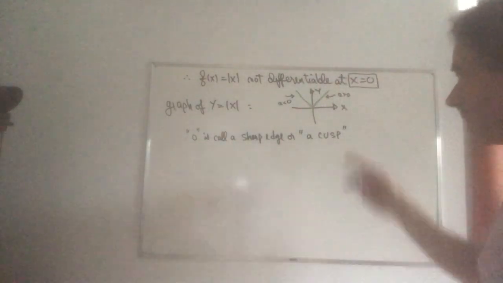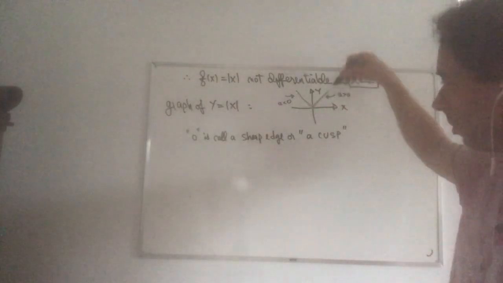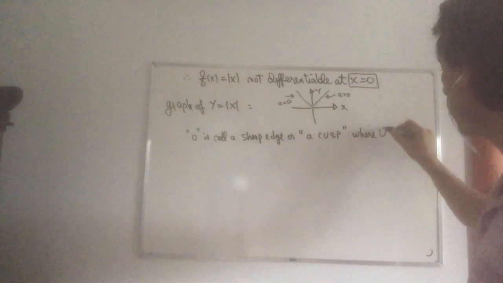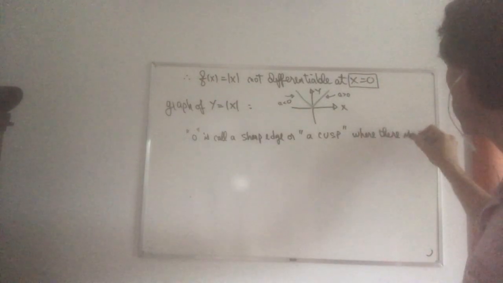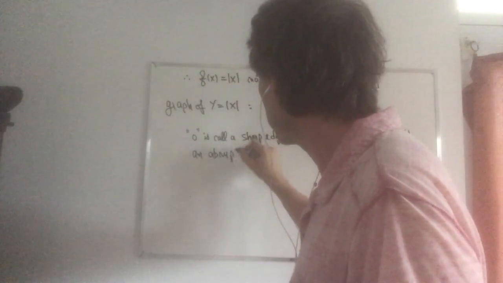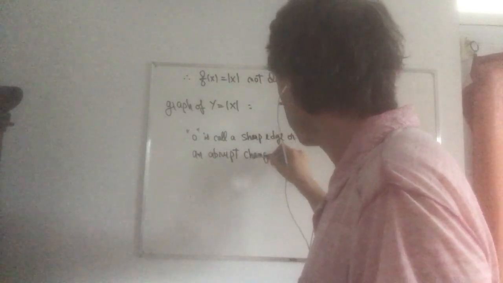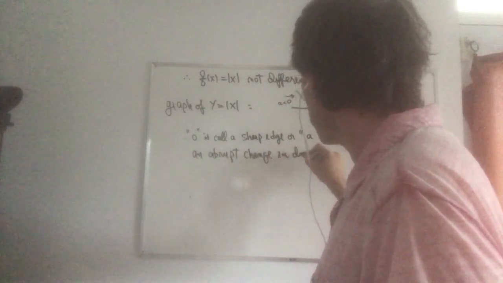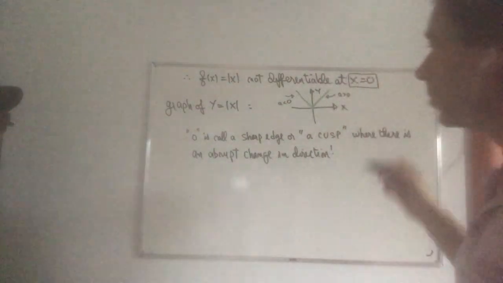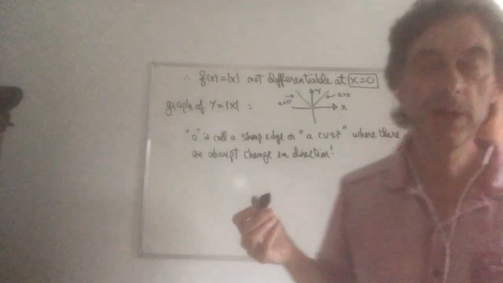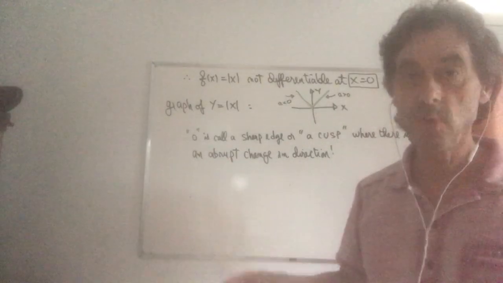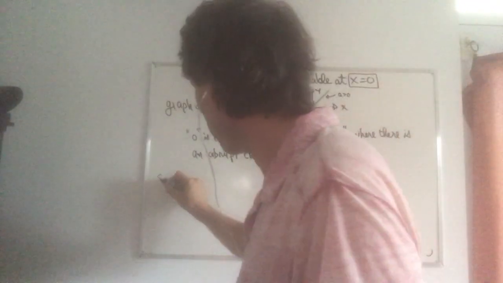A cusp is actually a sharp edge where the curve changes direction very abruptly, where there is an abrupt change in direction for this curve, right? So that is the third condition, if you want, for which we are going to encounter a point of non-differentiability. So, summary.